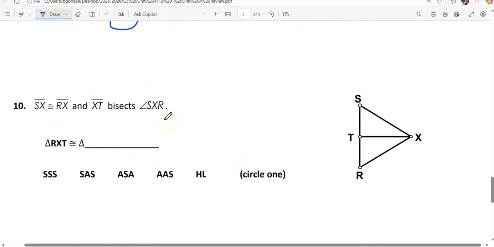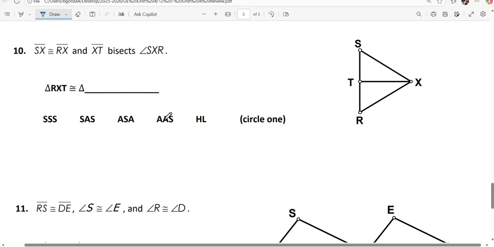All right. Number 10. It says SX and RX are congruent. So that's a tick and a tick. Oh, look, they're touching. Put ticks where they touch. Goodness gracious. And then here's an important one. XT bisects SXR.